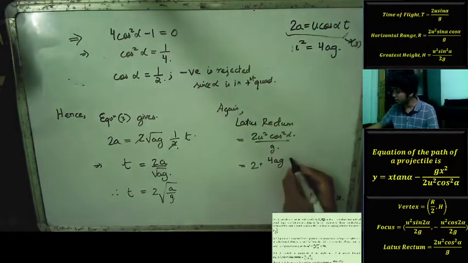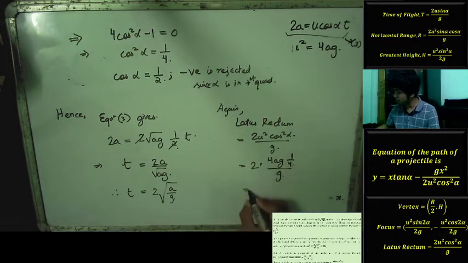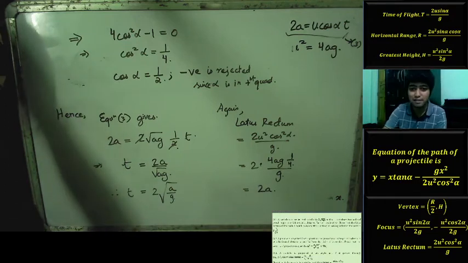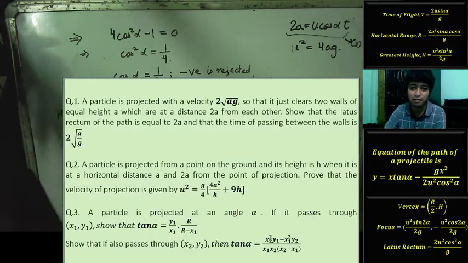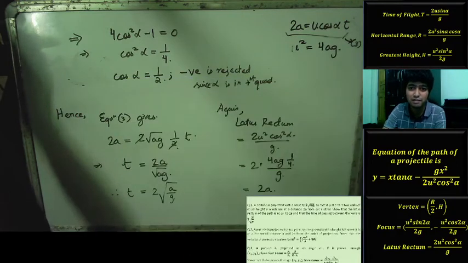Cos squared alpha will be 1 by 4, upon g. So you will be having 2a. Just take a look at the question, I think that is indeed what we want to find. So the latus rectum is 2a and the time of passing between the walls is 2 root a by g. This is how we do it.